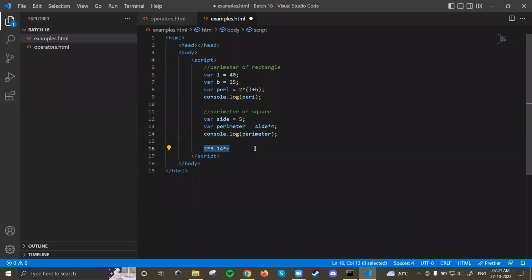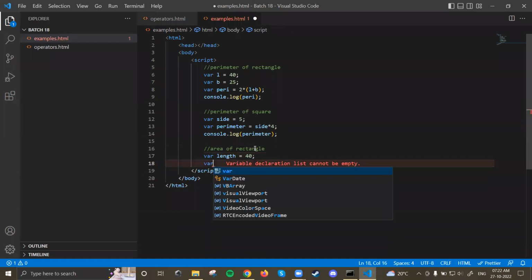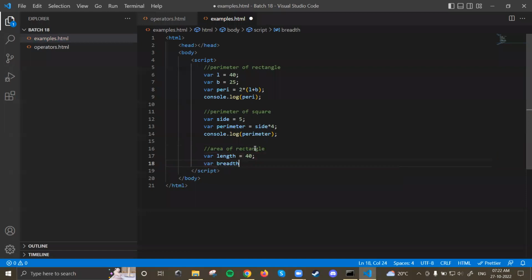Okay, fine. Now let me go into area. Area of a rectangle, how do I do that? Let's say length is equal to 40 and breadth is equal to 20. So what is the area of a rectangle? It is length into breadth.